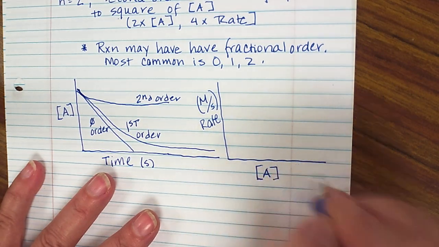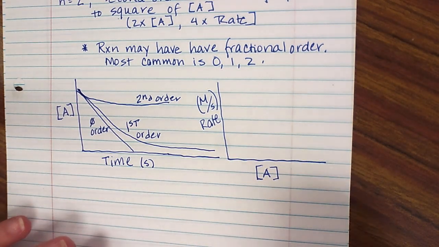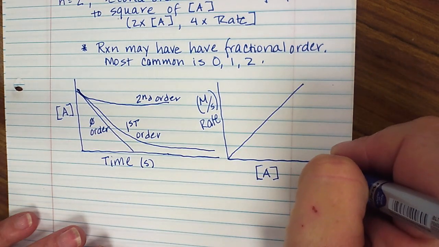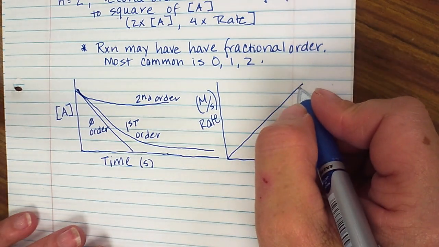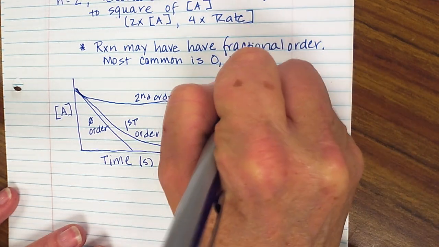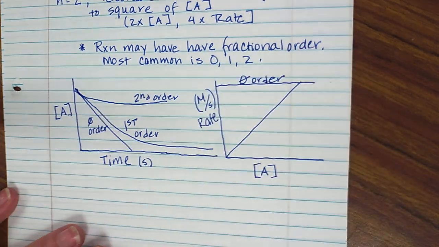So as the concentration of A decreases, what happens to the rate of the reaction? Well, remember, in a zero order, the concentration has no effect on the rate whatsoever. So zero order looks like this. No effect on the rate whatsoever.